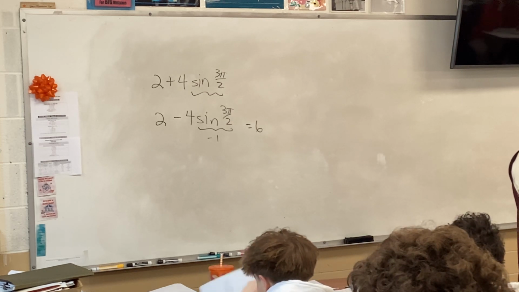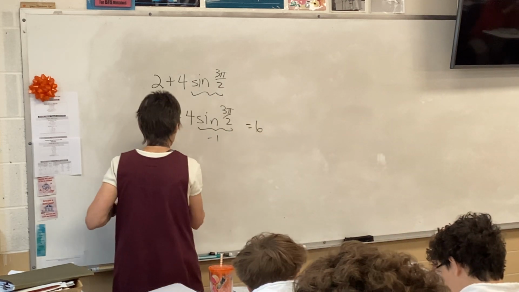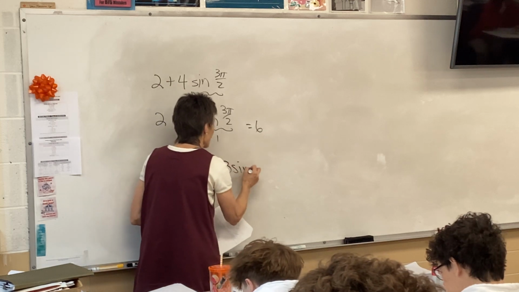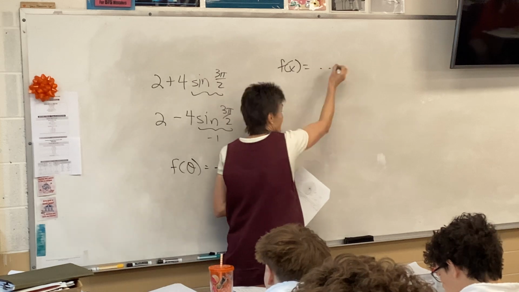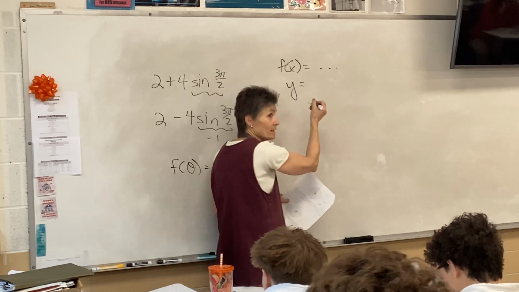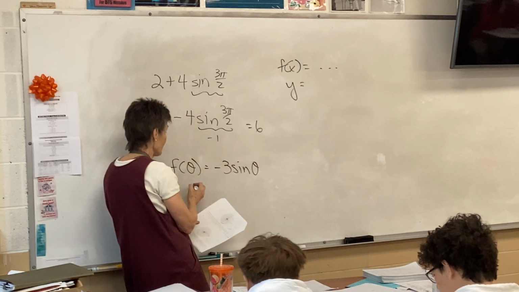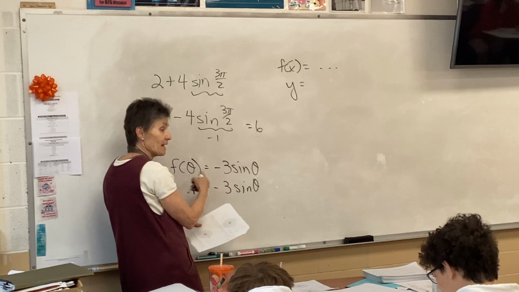Look at the equation. R equals. I know it says f of theta, but remember, just like in rectangular coordinates, when we say f of x equals something, isn't that the same as y equals? So when we say f of theta equals something, that's the same as r equals. So don't let that confuse you.